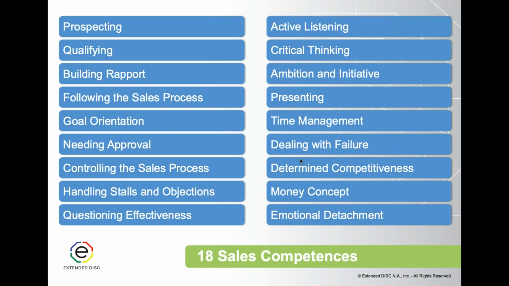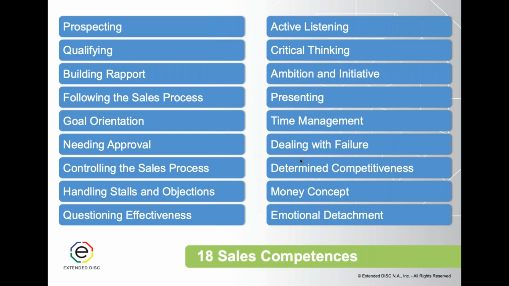Somebody who's been a sales professional for a long time in the same company, typically the importance of prospecting tends to decrease because they get a lot of their new business from referrals and other sources. So not all of these are equally important for every salesperson. However, overall, these are very critical areas for sales success.